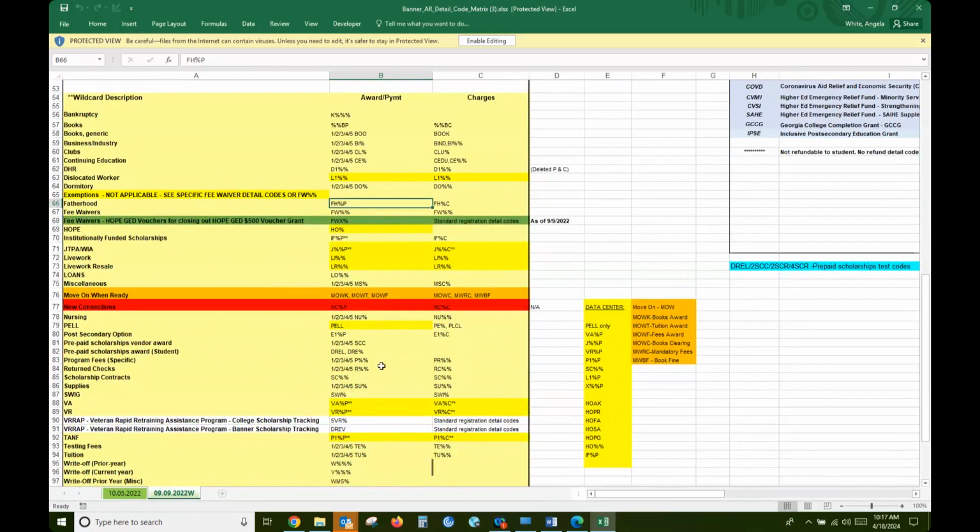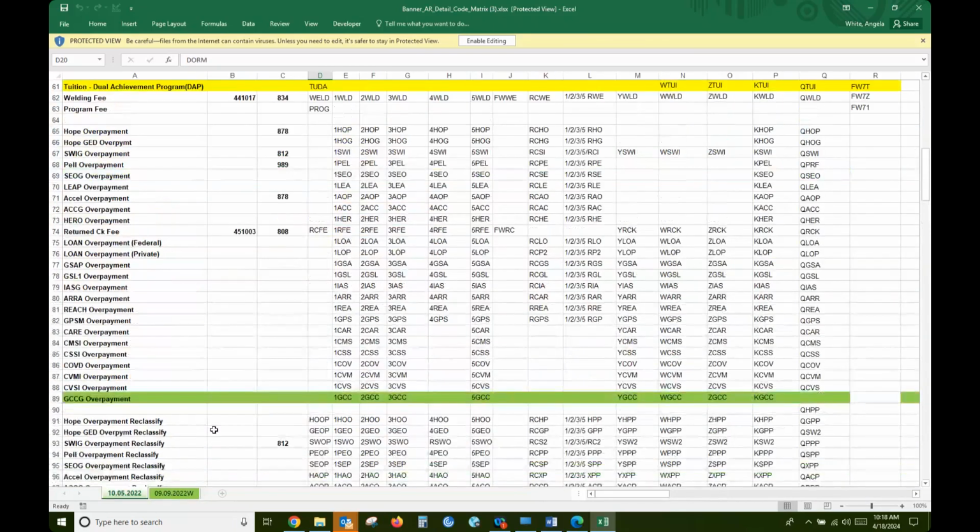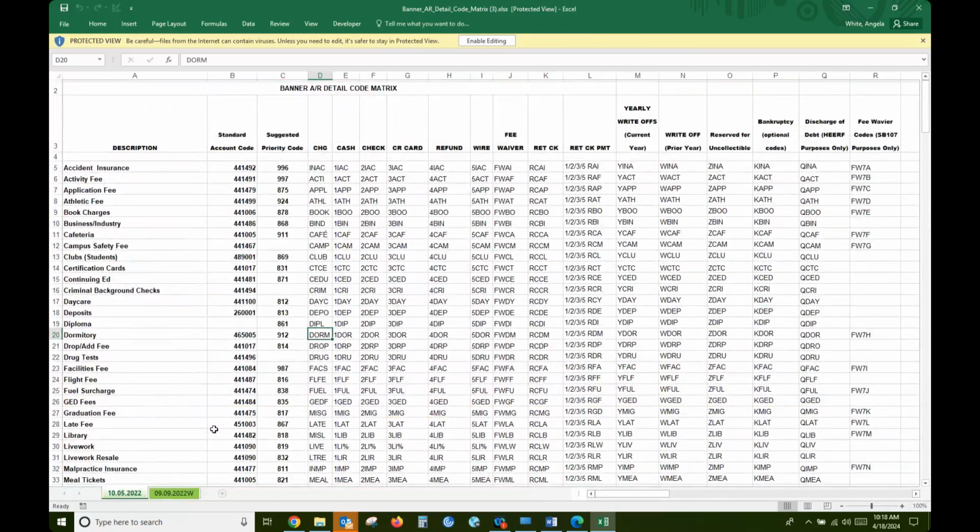Just keep in mind, if you are a person that creates detail codes, you have to look at the matrix. You have to know the matrix, and you have to learn the matrix. And the matrix is updated when we get new fund sources, when we get new codes, when we get all of the fun new things, right? So this is important.